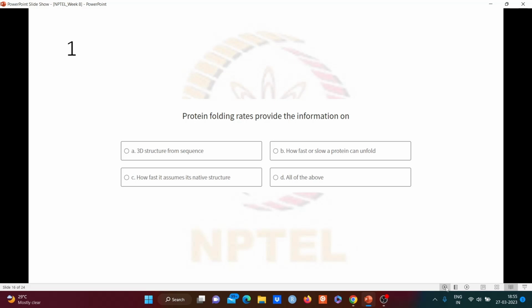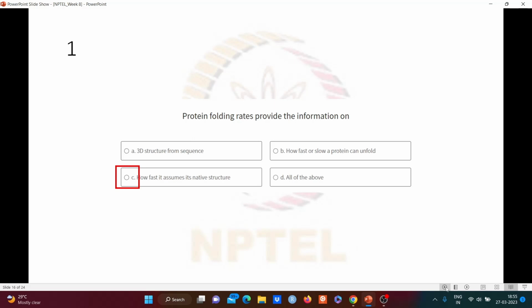So, rate here gives how fast or slow the protein folding process will happen. Protein folding tells us about the 3D structure from sequence. And why not option B?